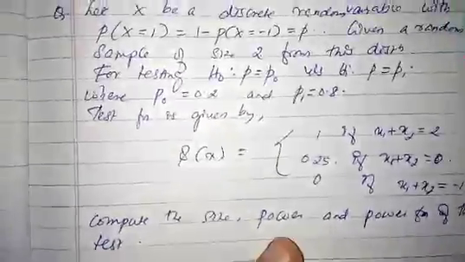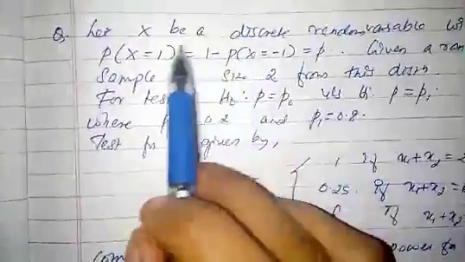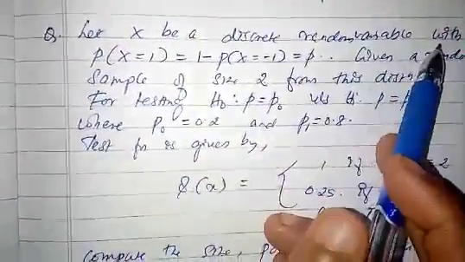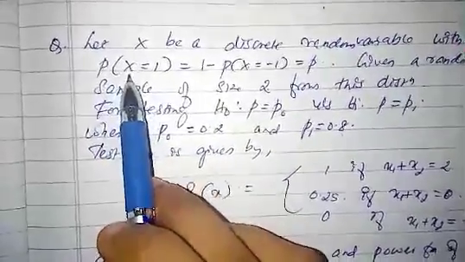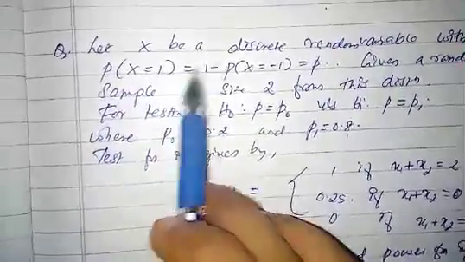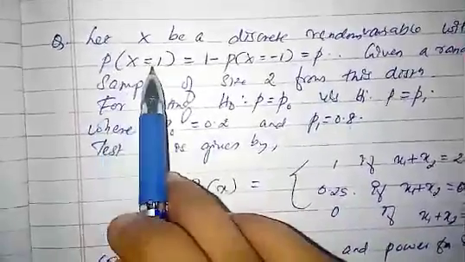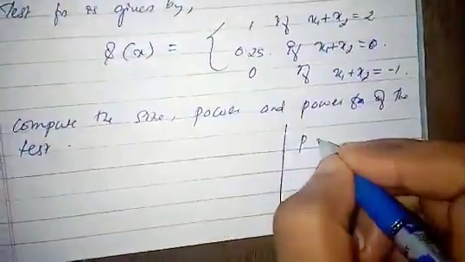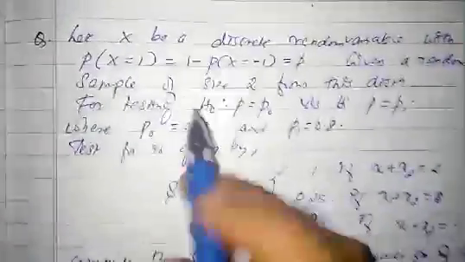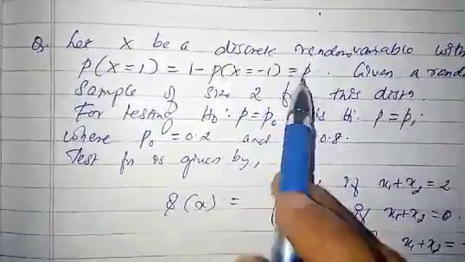Okay, so here it's given that X is a discrete random variable and the probability of X equal to 1 equal to p, right? So in this problem it's given that the probability of X equal to 1 equal to p. Then what is the probability of X equal to minus 1 here? We know that the probability of X equal to 1 equal to p, right?